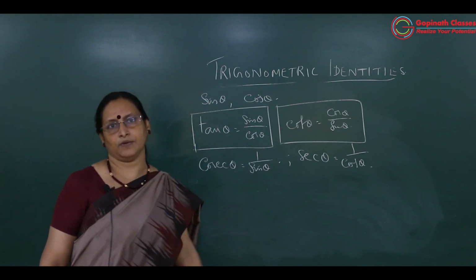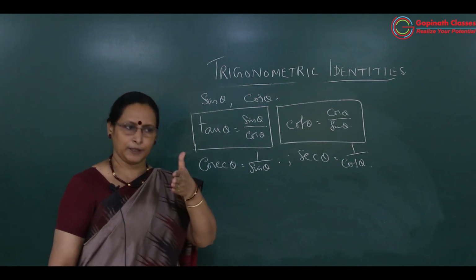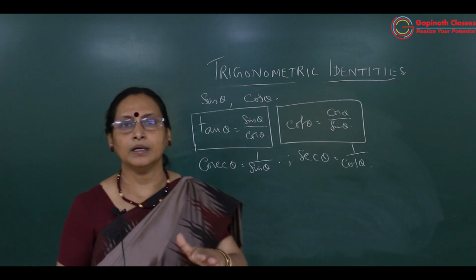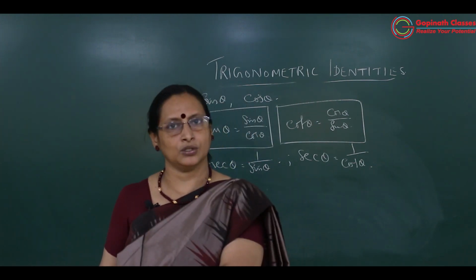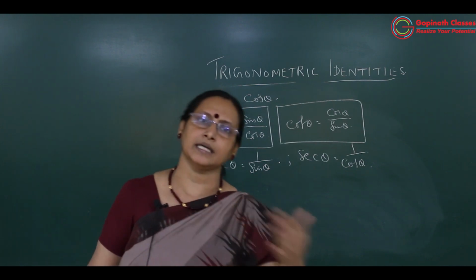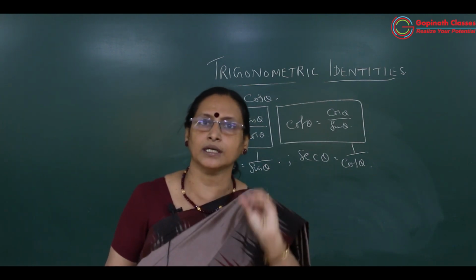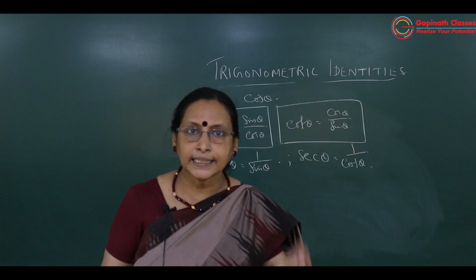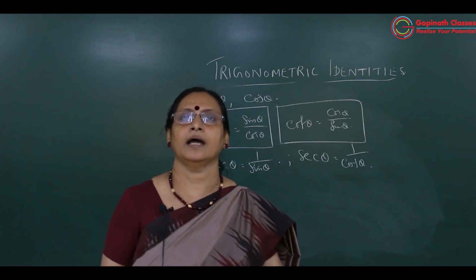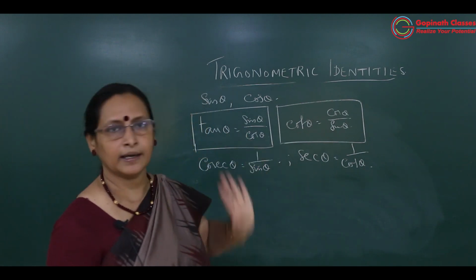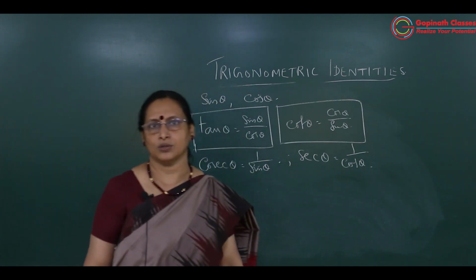Then most of the sums we can obtain, and there is no particular way to go by. It is merely logic to think: start from the LHS, bring it to the RHS, or start from the RHS and bring it to the LHS, using logical steps. If identities are involved, or a whole square is there, apply those identities, and most of the sums you will get by converting into sine and cos.